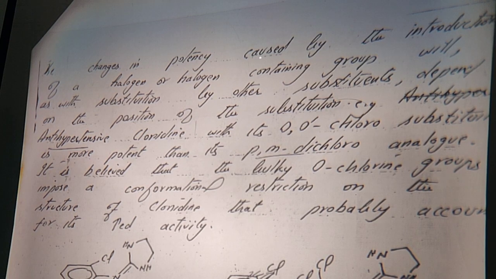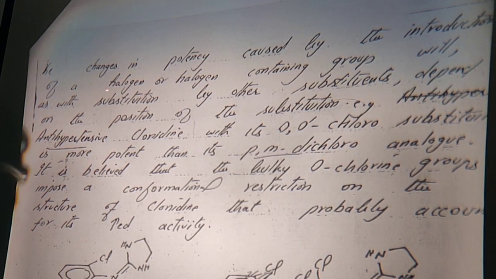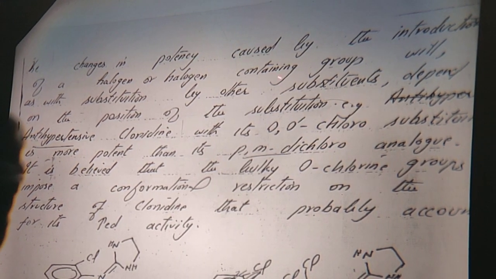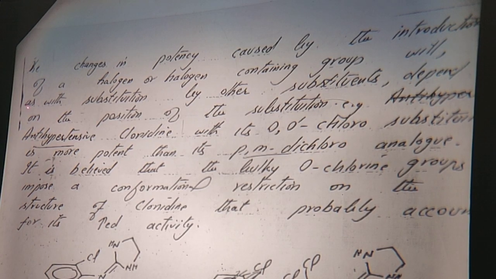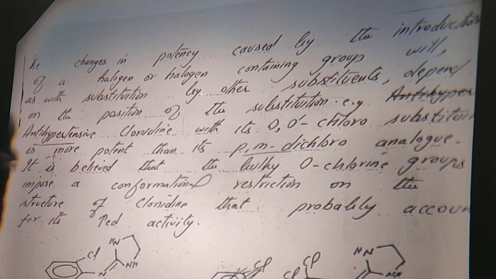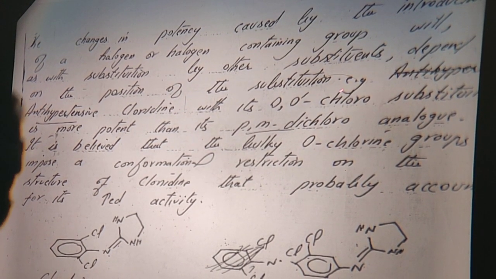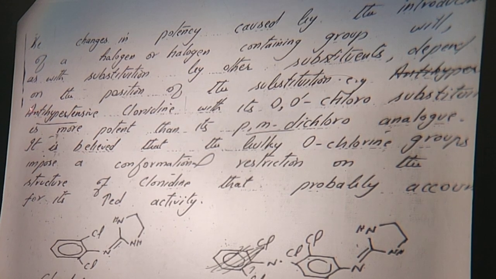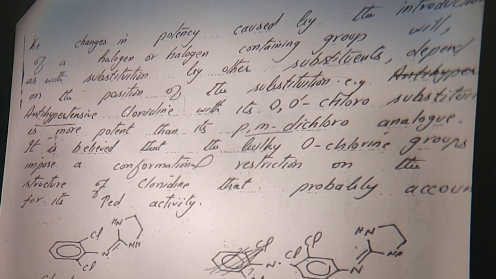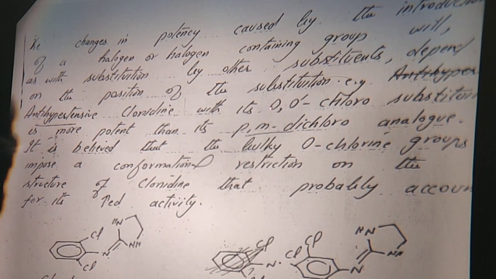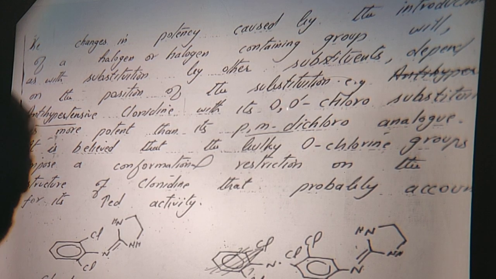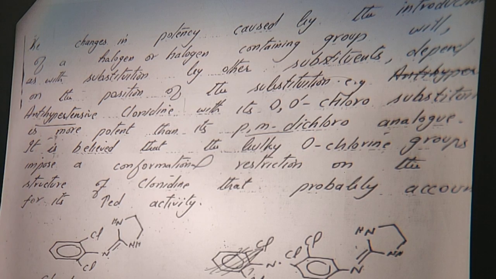Changes in potency caused by the introduction of a halogen or halogen-containing group will, as with substitution by other substituents, depend on the position of the substituent. Antihypertensive: chlorine with an ortho chloro substituent is more potent than its para, meta dichloro analogue. And here is the example.